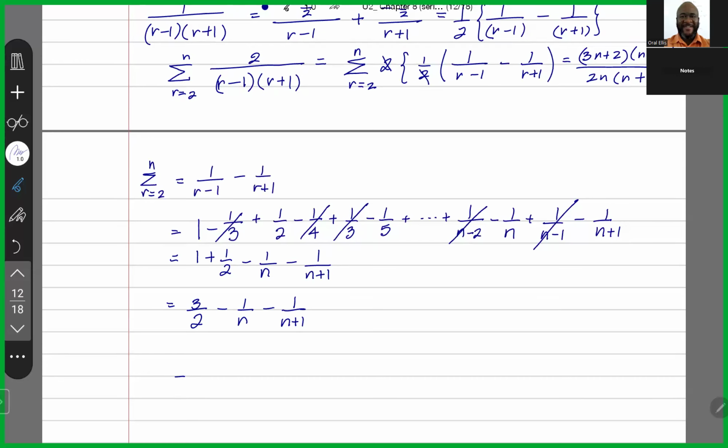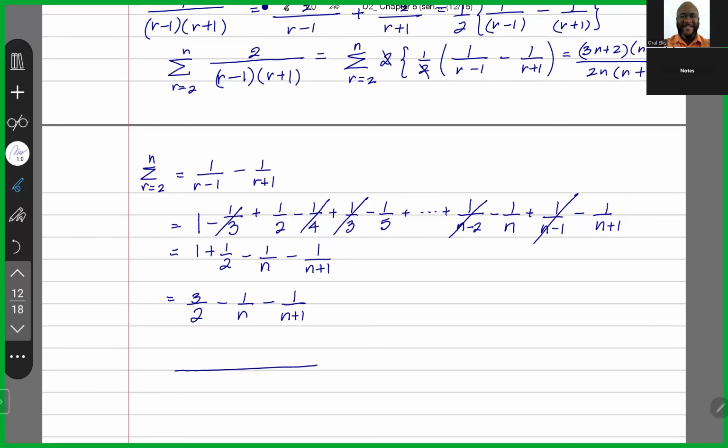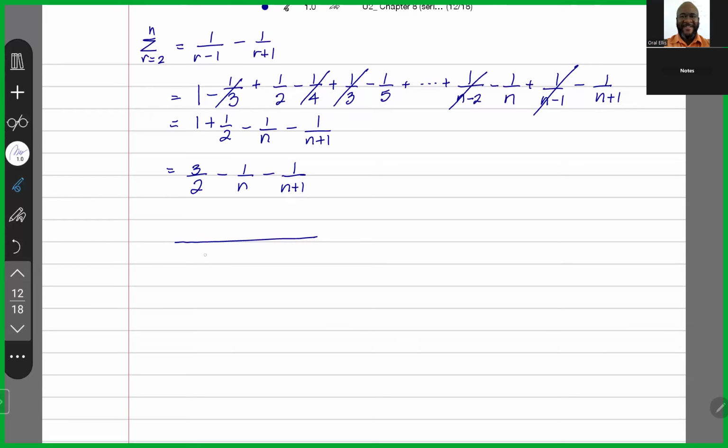Next, let's use the LCM, which is 2n(n plus 1). 3 over 2 into the LCM, we end up with 3n(n plus 1). 1 over n into the LCM, we end up with minus 2(n plus 1). And 1 over n plus 1 into the LCM, we end up with minus 2n.